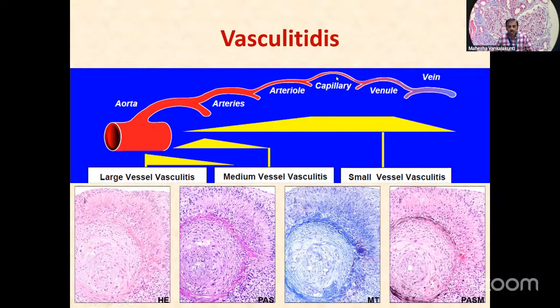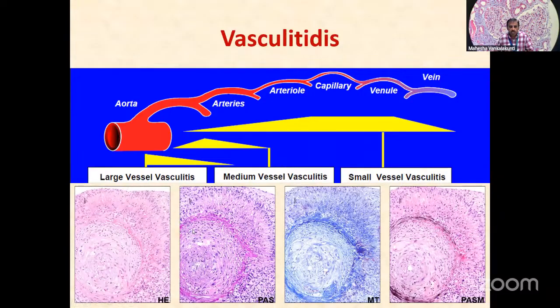So the capillary level is the one which we are interested in for today's topic. That's because the capillaries make the bed in the glomerular compartment, as well as in the medullary interstitium in the vascular network.